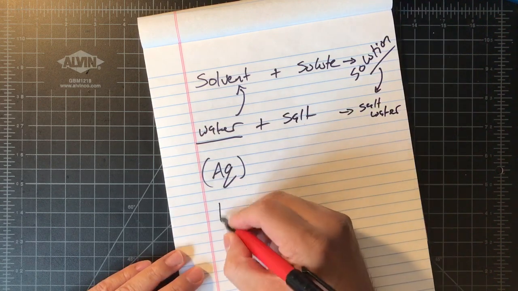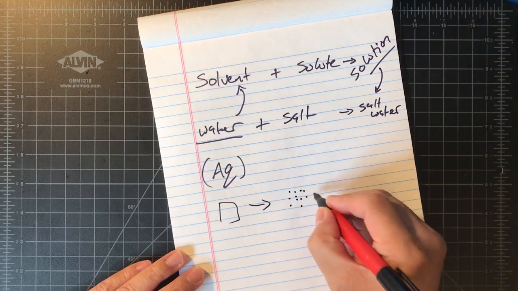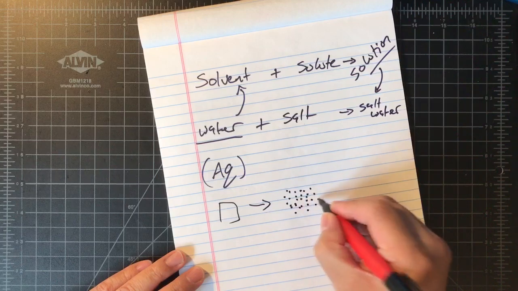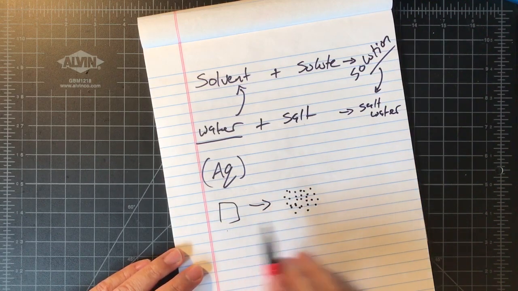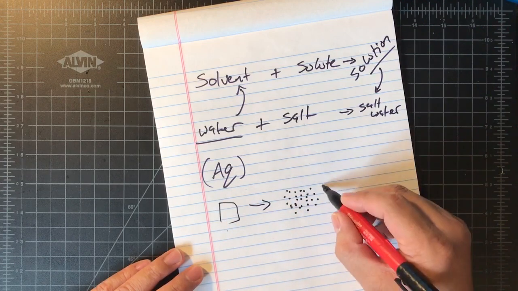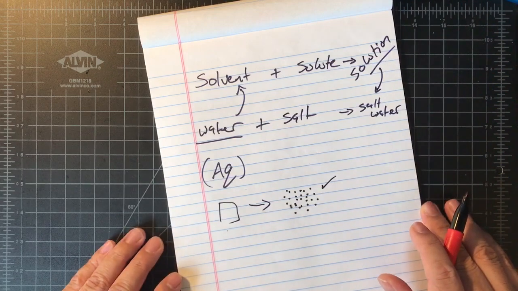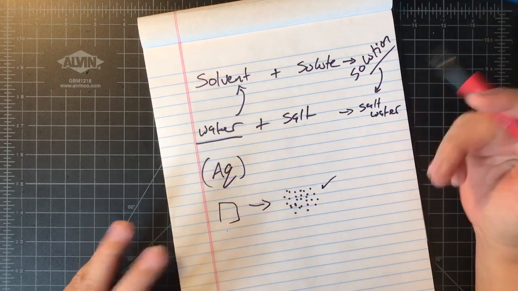Breaking a particle up into smaller particles creates a larger surface area. For example, you could have a cube of sugar versus granulated sugar. Which of these two will dissolve the fastest? Obviously, this one. Breaking up the solute into smaller particles creates a larger surface area.